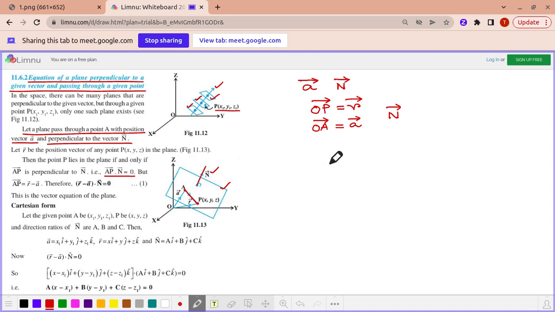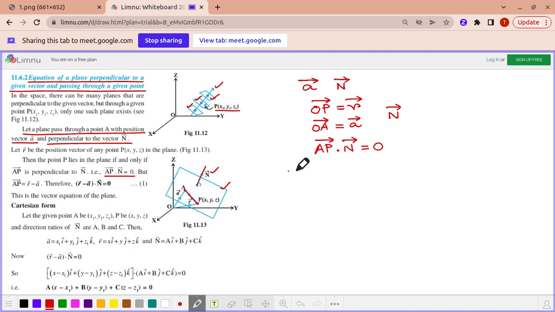So AP vector dot n vector is equal to 0. The left hand side is a dot product, which is a scalar quantity, because dot product is also known as a scalar product. That's why the right hand side is a 0 scalar quantity. Now what is AP?